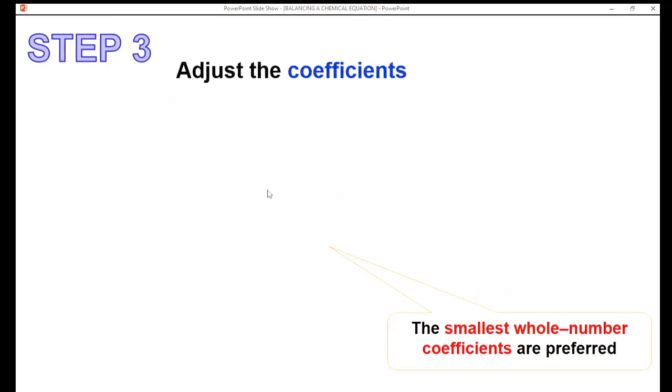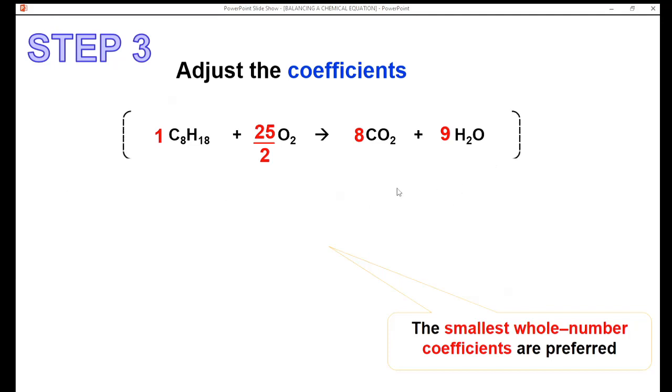In the third step, step 3, we are going to adjust the coefficients. This is from the previous step. Just now we have already balanced the number of atoms in the equation.